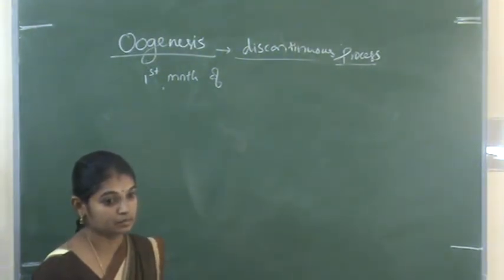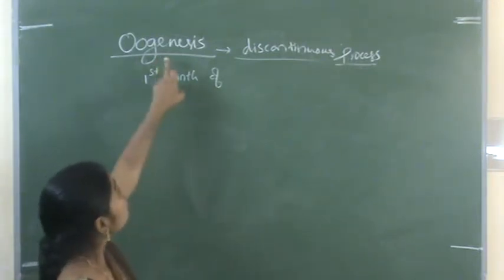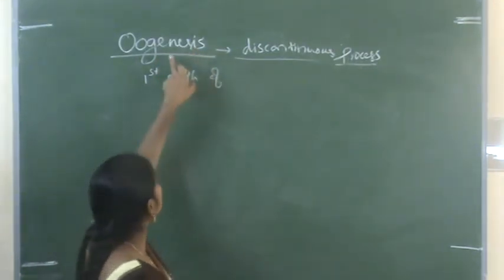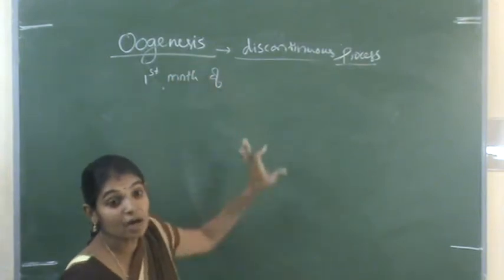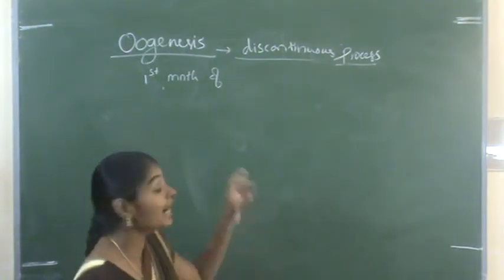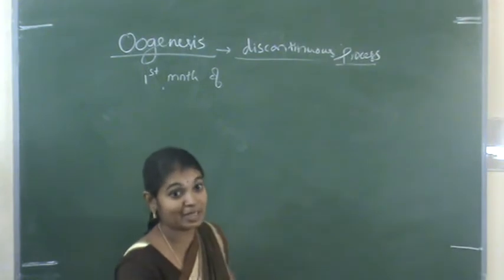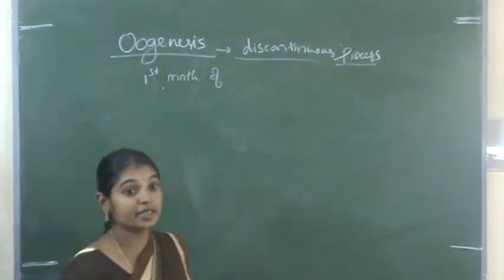Okay. So we will now discuss the oogenesis process, the formation of the egg from the oogonial mother cells, and this process is known as a discontinuous process in females. Why is it known as a discontinuous process?